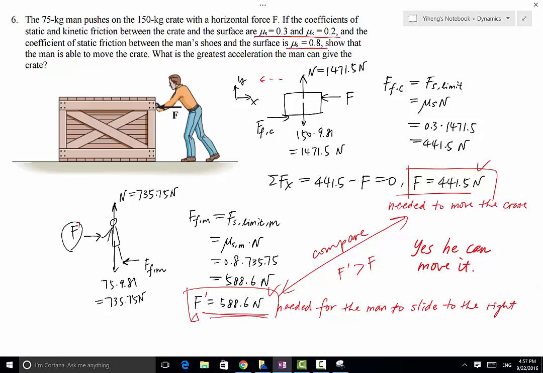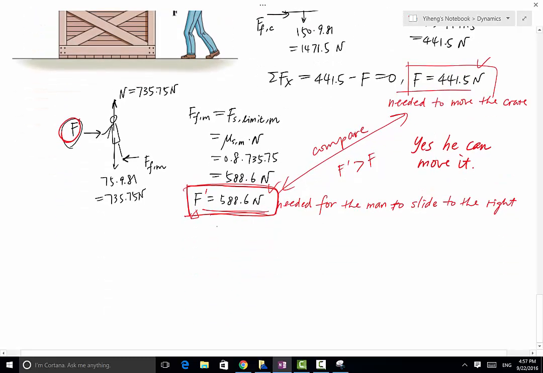For the second half of the problem, what is the greatest acceleration the man can give the crate? We have determined that the greatest force that can act on the man without the man sliding is 588.6. Therefore, this is also the greatest force the man can use to push the crate without himself sliding.